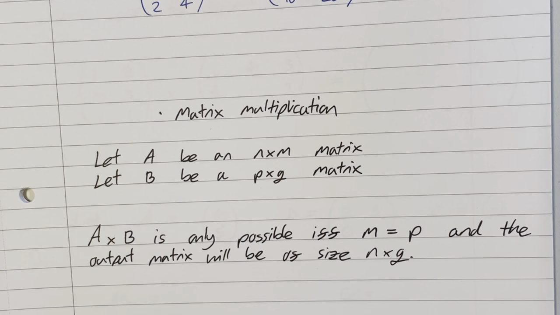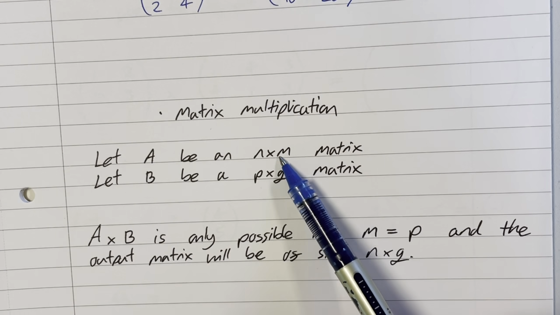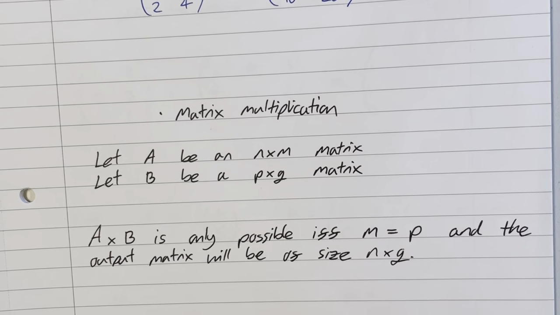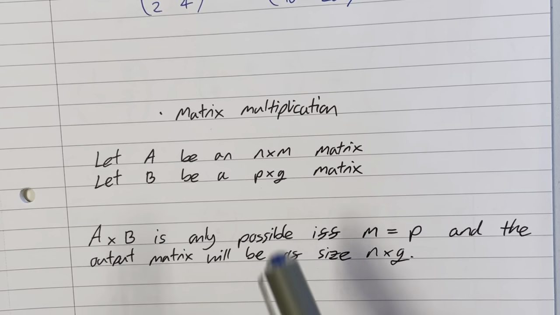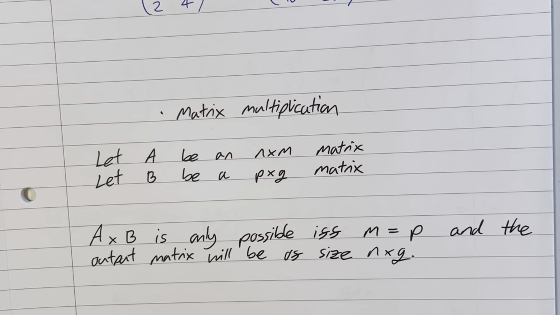The output matrix will then be of size n by q. Okay. So A times B is only possible if m equals p. Okay, that's the number of columns of the first matrix is equal to the number of rows of the second, and the output matrix will be of size n by q.